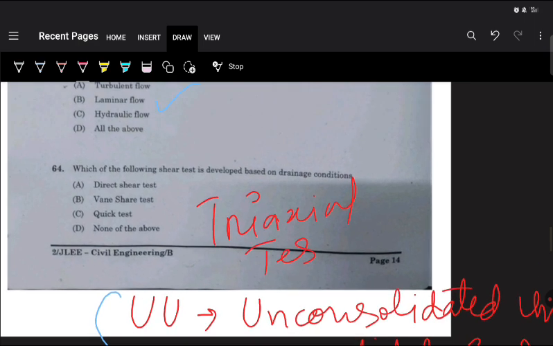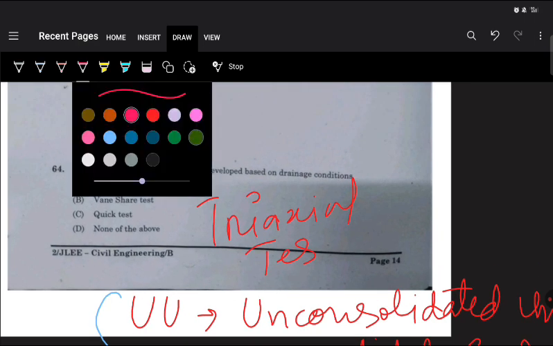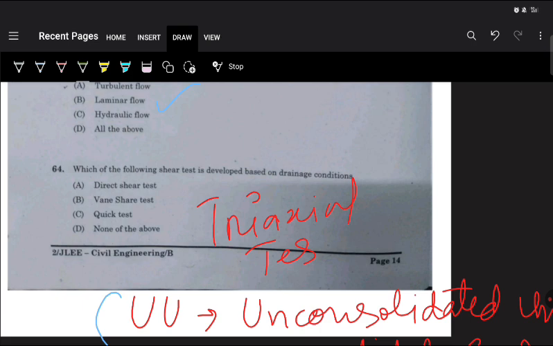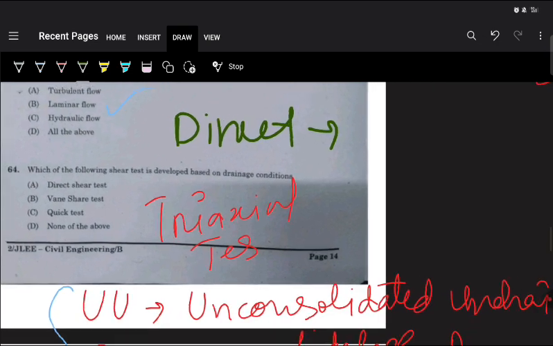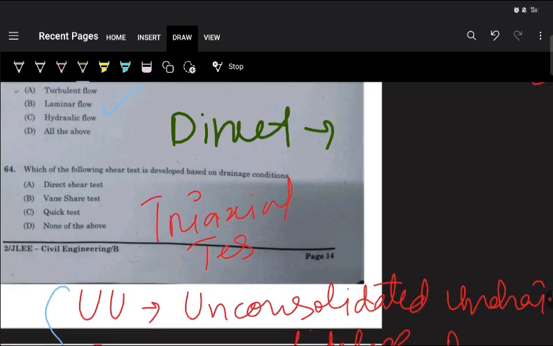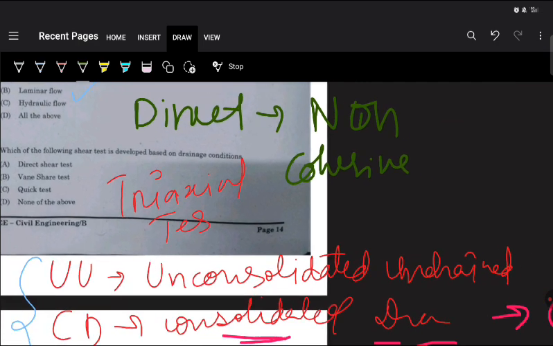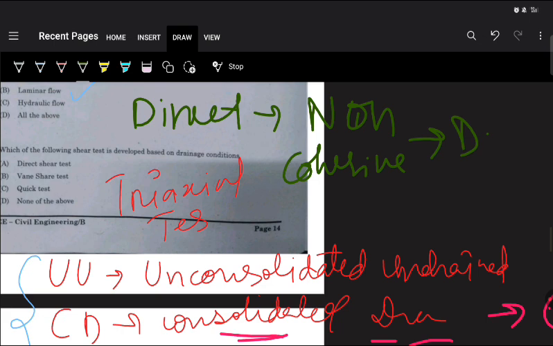From shear tests we see some things. First of all, the direct shear test. The direct shear test is used for non-cohesive soil. Remember, these things are important. Non-cohesive soil, drained condition.